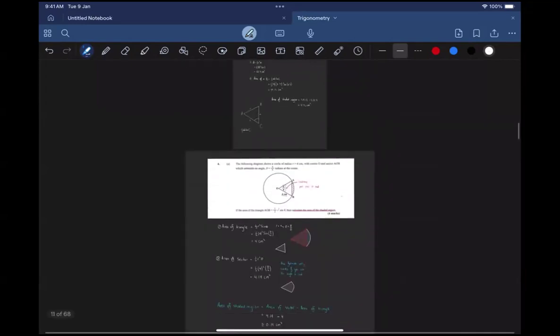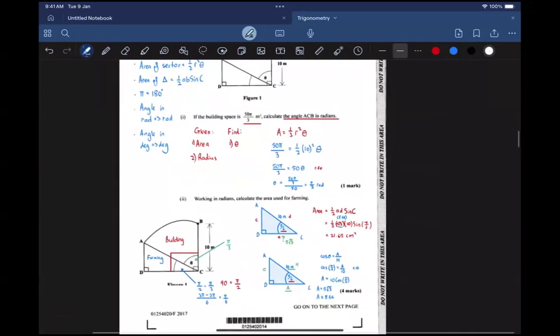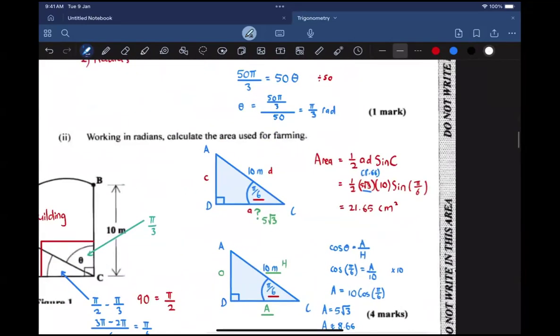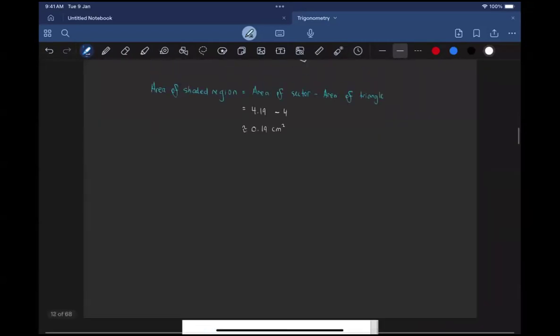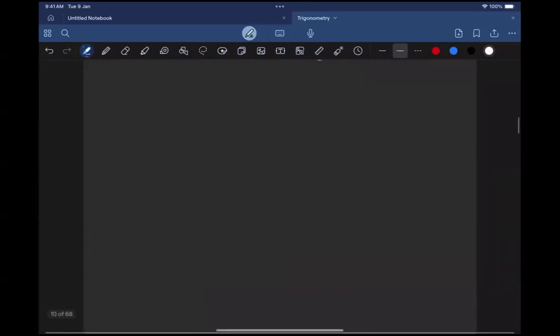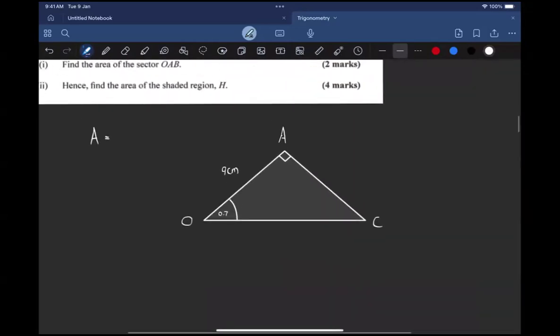In the previous question, we assumed that the pi over 6 was going to be my included angle, and then I'll find for A. So in this question, make a guess: which one do you think we're going to assume is the included angle?